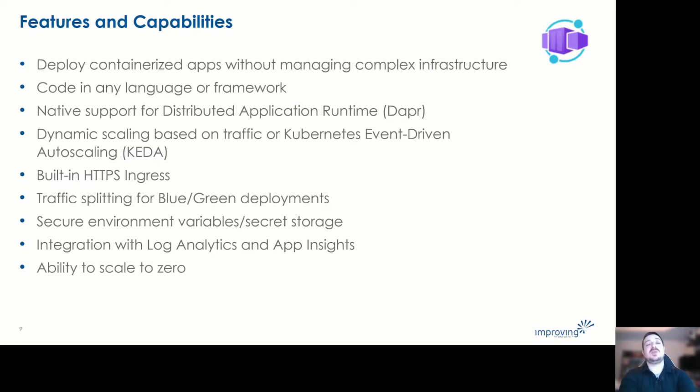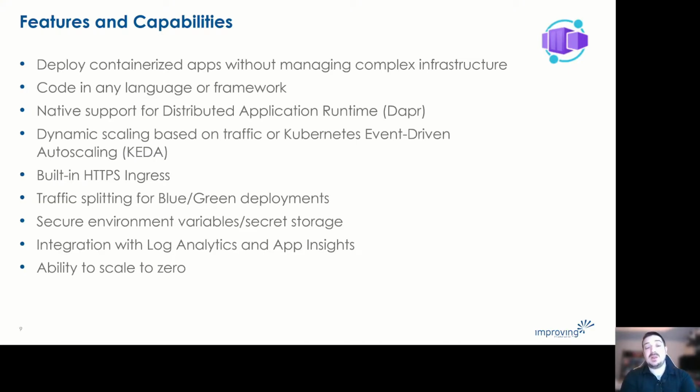Native support for Distributed Application Runtime, also known as Dapr. This is a framework where they've built out a lot of the utilities and tools that enable microservice communication and abstracted that out so that you can just call invoke methods to invoke other services, integrate with pub/sub mechanisms, and we'll talk about this a little bit later.